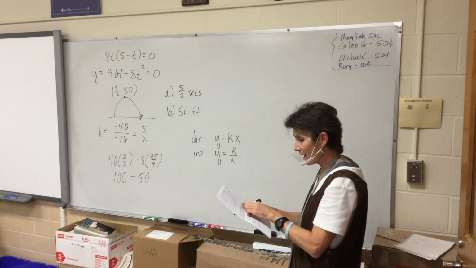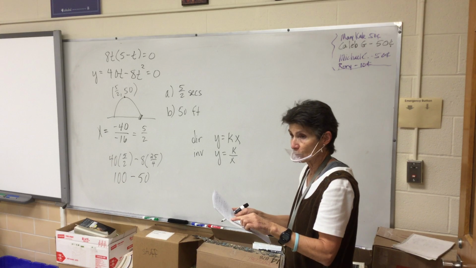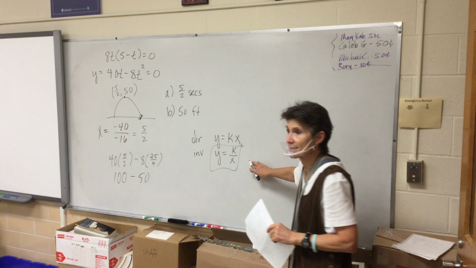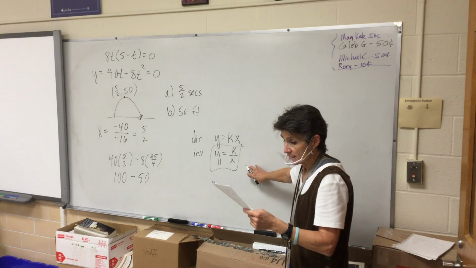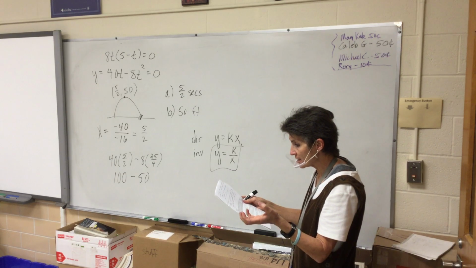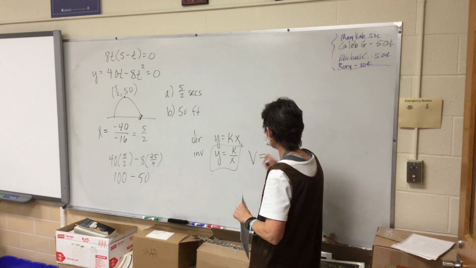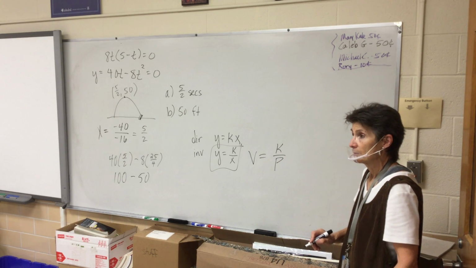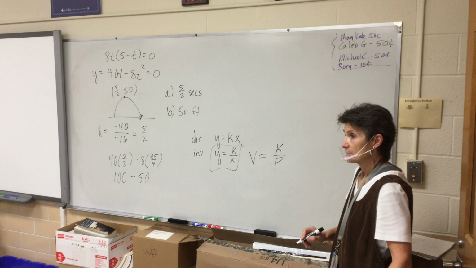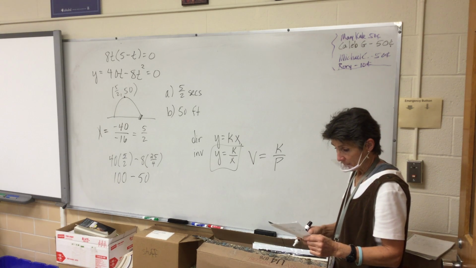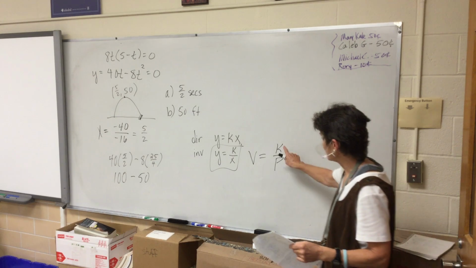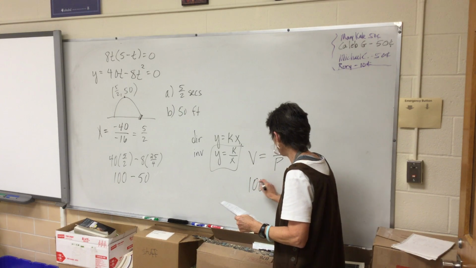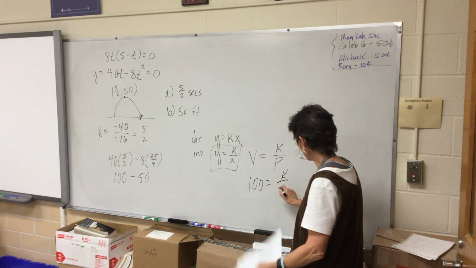So when it says write an equation for the relationship, and it varies inversely, I'm going to write an equation using that model. Since my things are volume and pressure, I'll say volume equals K over P. And then find the constant of variation, that's K, this is called the constant of variation, when the volume is 100 and the pressure is 10.